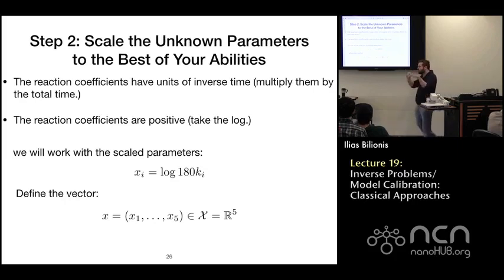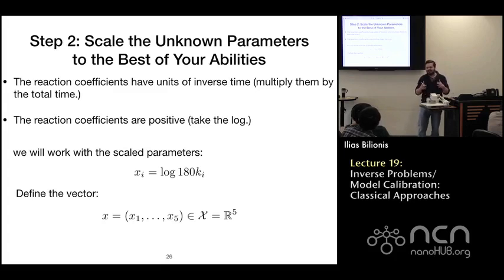Well, okay, before we make the connection between the model prediction and what we measure, let's scale the parameters a little bit, okay? Because these Ks have units of inverse time. We don't really like units as mathematicians. We just don't want them in the equations, all right?